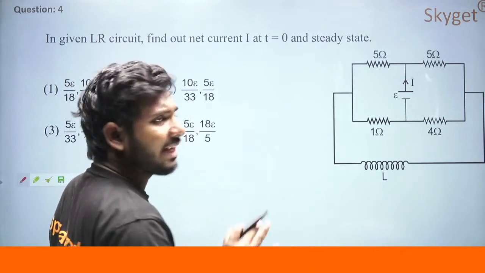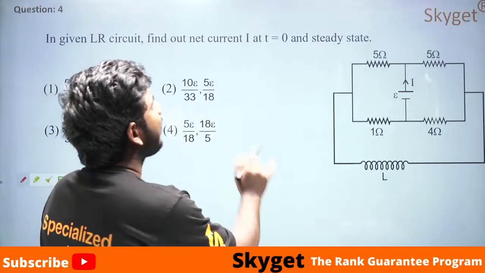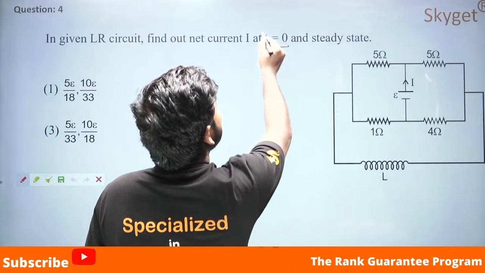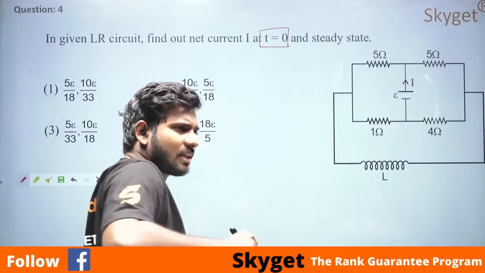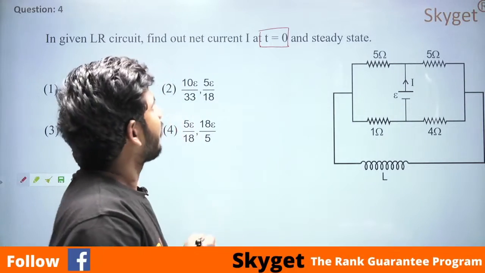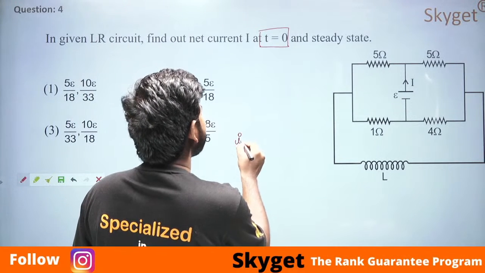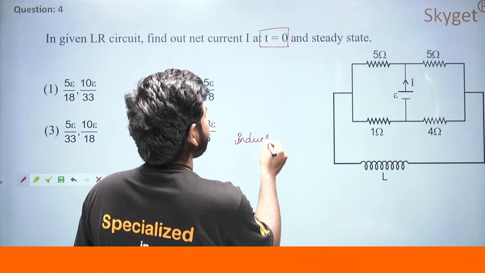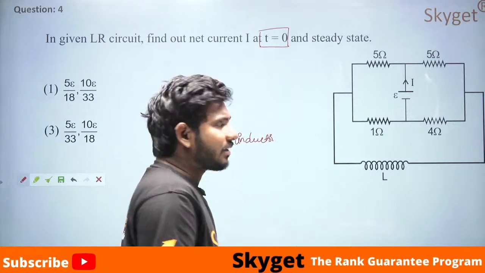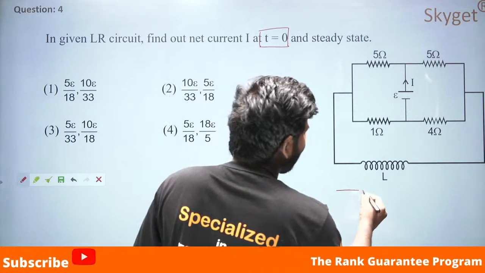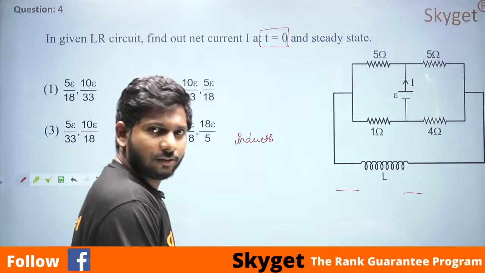So what to treat? In that video I explained: initially, when the switch is closed, that means t equal to 0, the inductor offers infinite resistance. You can remove the inductor and make it an open circuit.